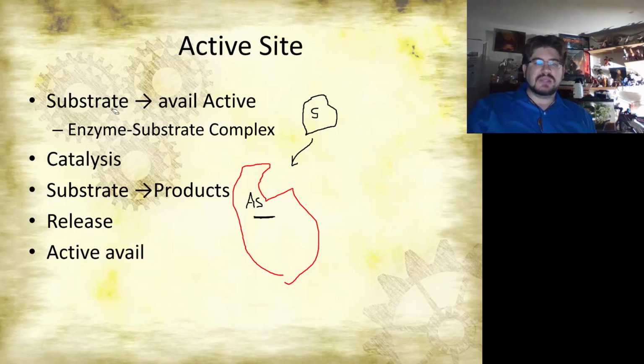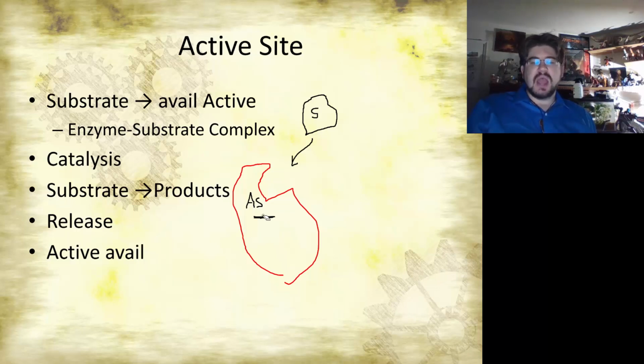So this is just the enzyme cycle, the catalysis cycle. Substrate binds to an active site, forming the enzyme substrate complex. The reaction is catalyzed, causing the products to form. The products are released, and then we have an active site available to which a substrate binds, forming the enzyme substrate complex. I'm not going to keep this going, but you get the idea.